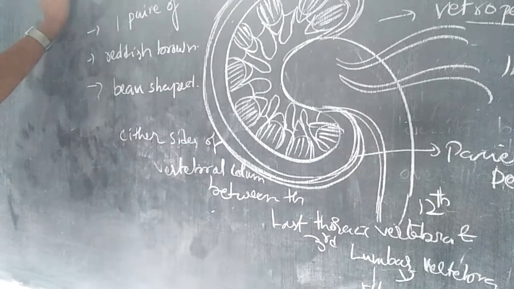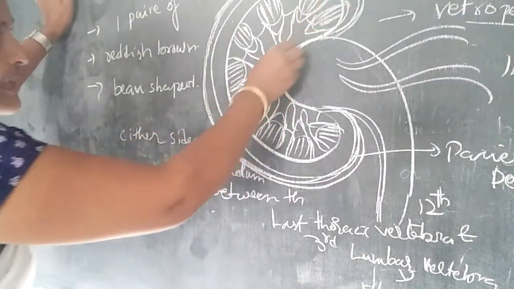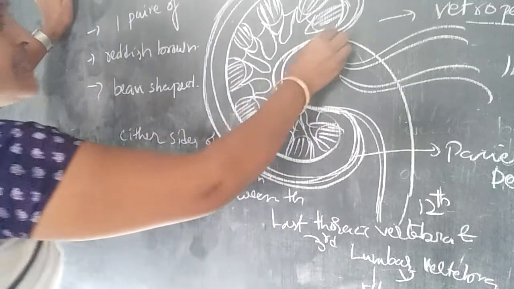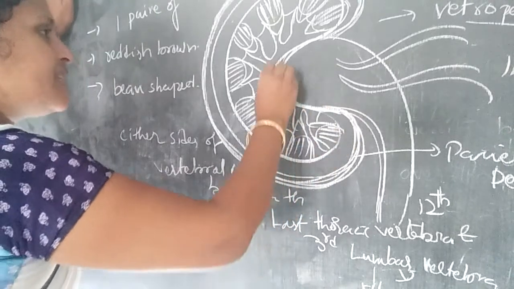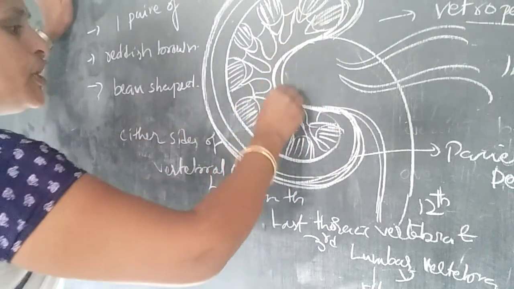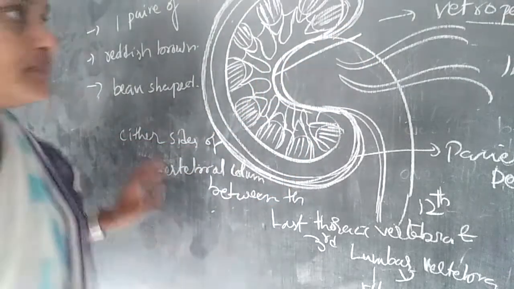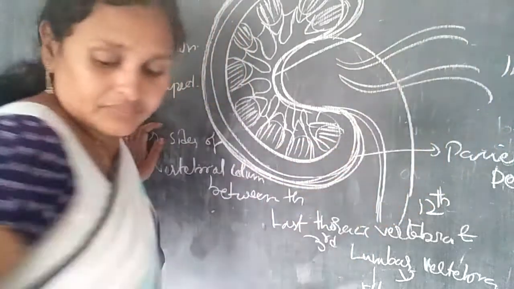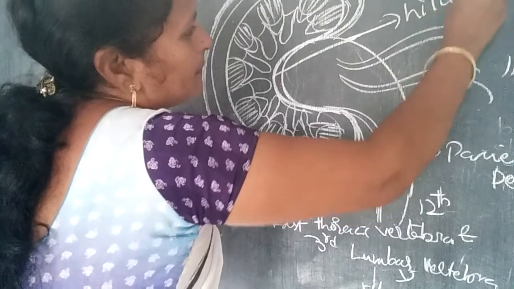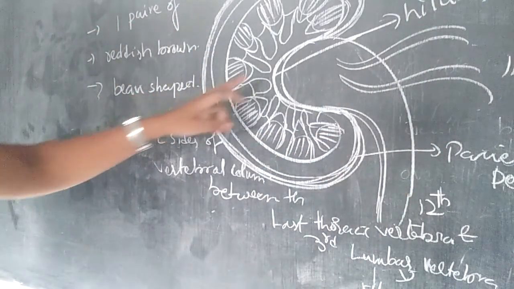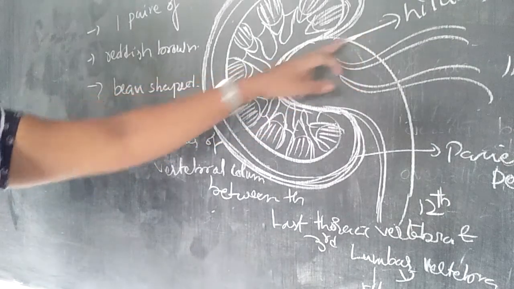The outer surface of the kidney is convex, and the inner surface of the kidney has a deep notch. That is called the hilum.